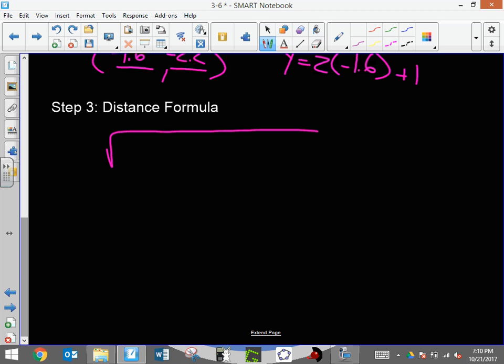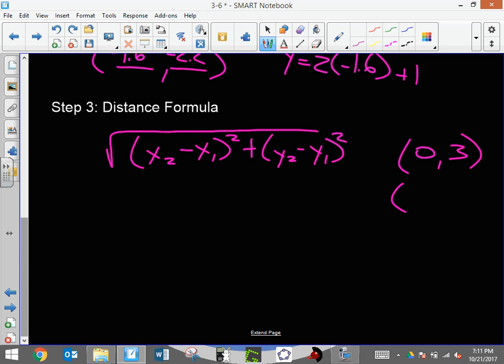So, big square root, x sub 2 minus x sub 1 squared plus y sub 2 minus y sub 1 squared. I'm using (0, -3), and I'm using (-1.6, -2.2) in my formula.